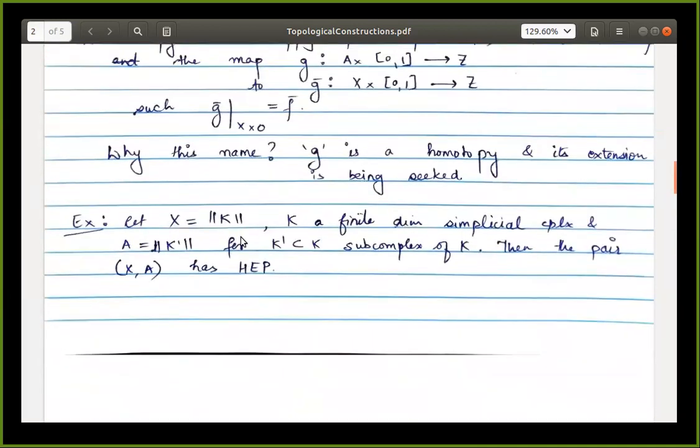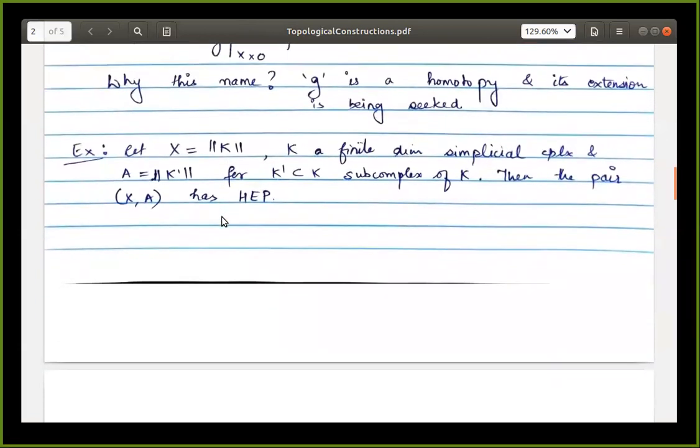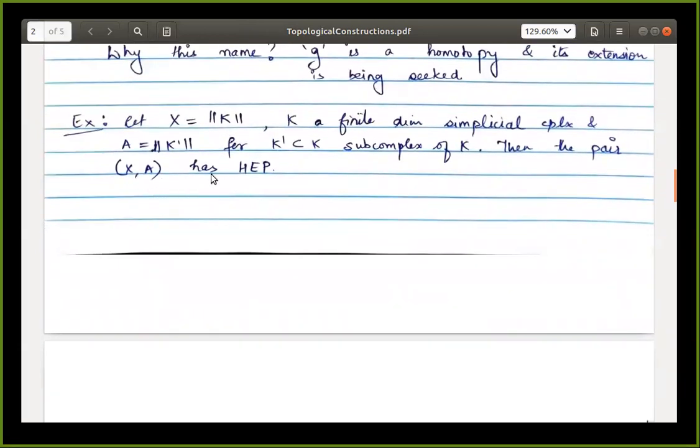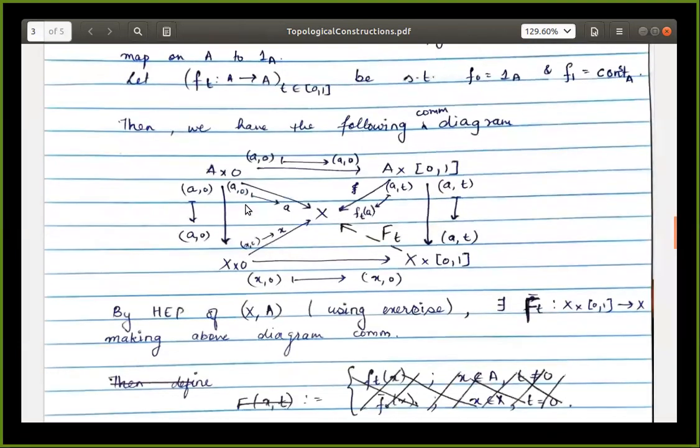By this exercise which I have assigned here, we see that the pair (X, A) has the homotopy extension property.